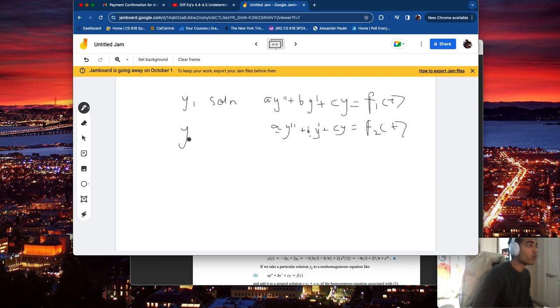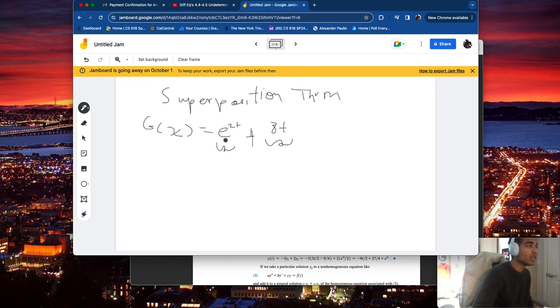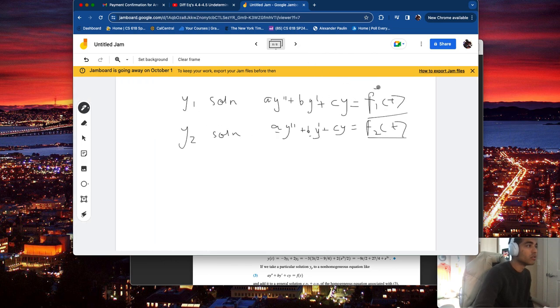So I'm saying that y2 is a solution for the second part. In our scenario this would be e^(2t), and this is what this is, but I'm talking more in a general scenario. So we can find that, and then the solution is y1 plus y2, since we need to solve both of these.